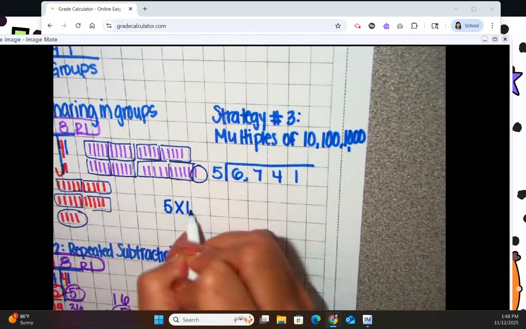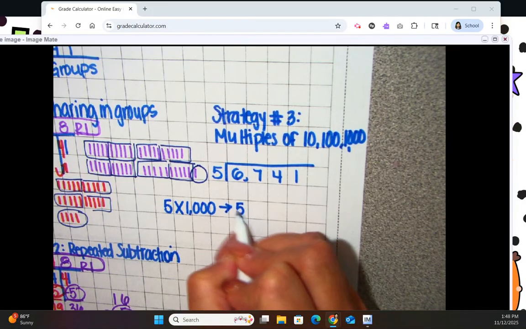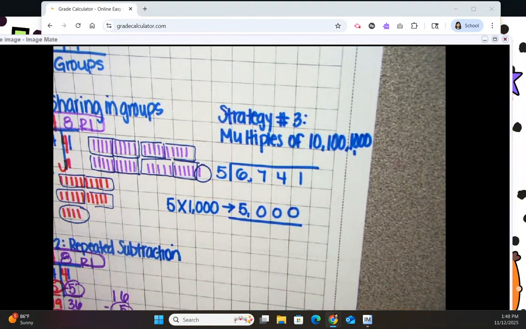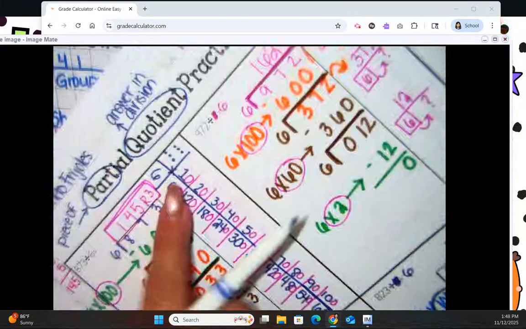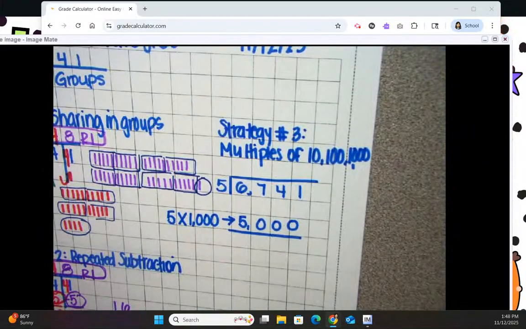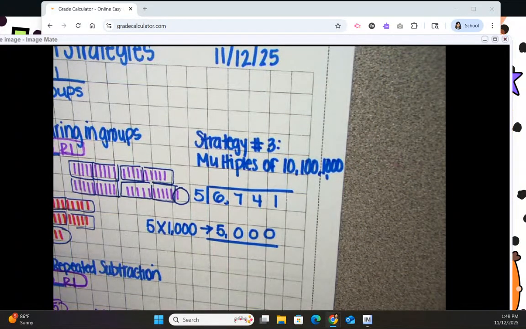So 5 times 1,000 is 5,000, because nobody said that I can only do these 10, 20, 30, 40. I can go bigger. So it all depends on how big your number is. If my number is in the thousands, I'm not going to multiply by tens. That's going to take me forever to get there. That's why this is called multiples of tens, hundreds, thousands.